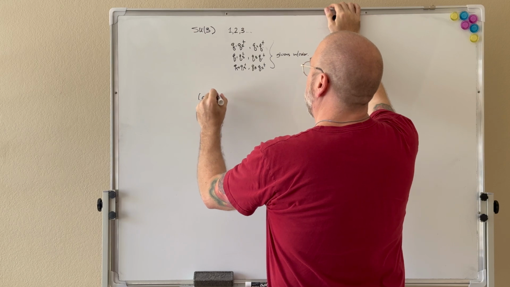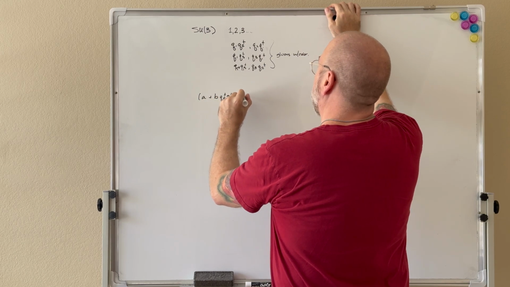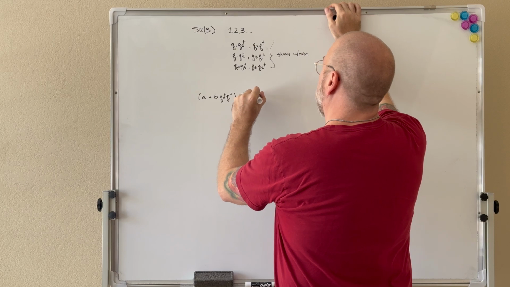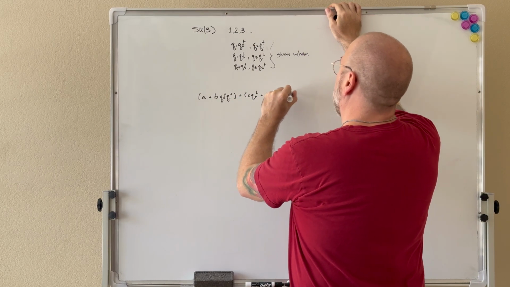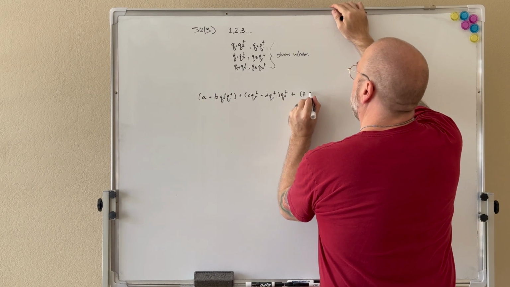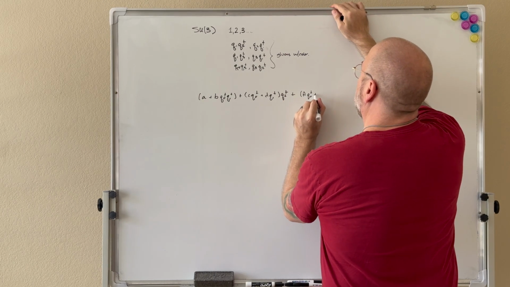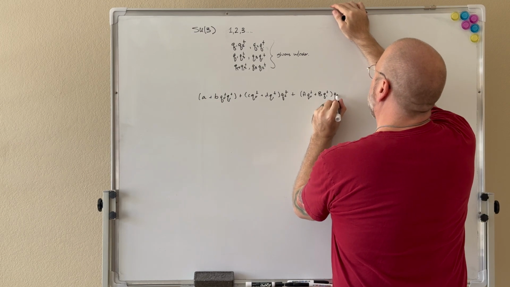A plus B, Q0 dagger, Q1 dagger, plus C, Q0 dagger, plus D, Q1 dagger, and Q2 dagger, plus A, Q0 dagger, plus B, Q1 dagger. I'm using capital letters now for the second set.